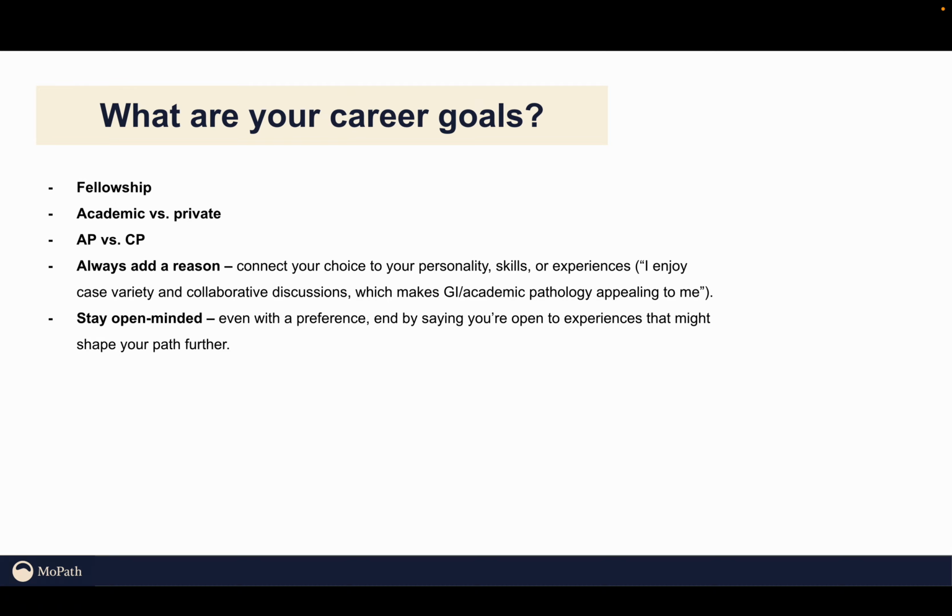But if you have an answer from your previous experience, it's good to mention that, but at the same time, stay open to other choices. But always try to add a reason. Most of their questions are not about yes or no. It's about getting to know you better. So with any question, try to talk more about it.